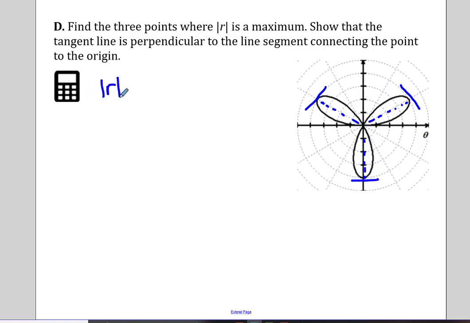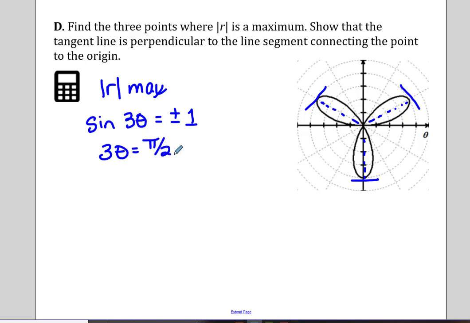So R is a maximum where the sine of 3 theta is either plus or minus 1. So 3 theta is going to be at pi over 2, at 3 pi over 2, and at 5 pi over 2, because 4 is the maximum petal length.